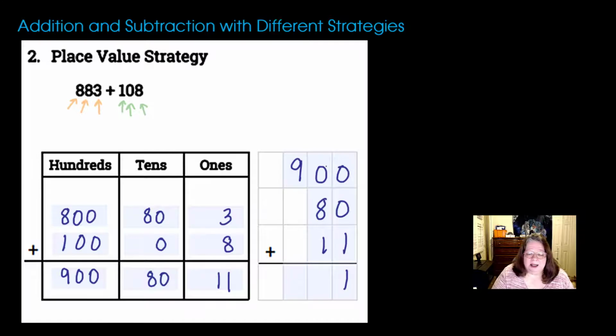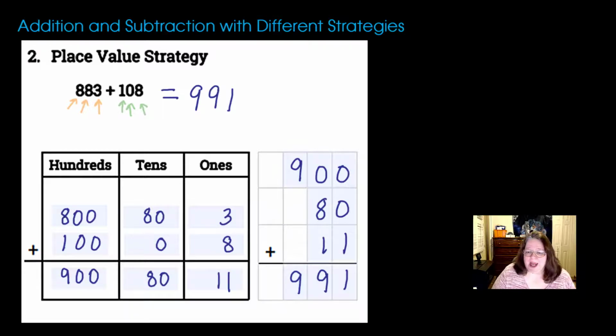I can skip looking at the 0 because I know it has no value, so I'm just going to go straight to the 8. 8 plus 1 is 9. And 9, we're not adding anything to it, so it stays at 9. So there you have it. Our answer is 991, and we solved this problem by adding up our place values for our add-ins.